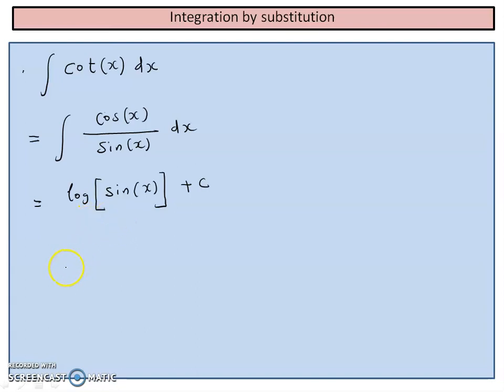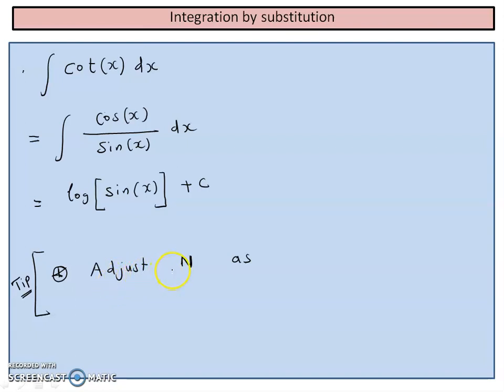Now many times we have to adjust the numerator. This is a very important tip I am giving you, and the example of this also we will try to solve in the next video. Now I am making a short video, but you must see this again and try to master this technique.